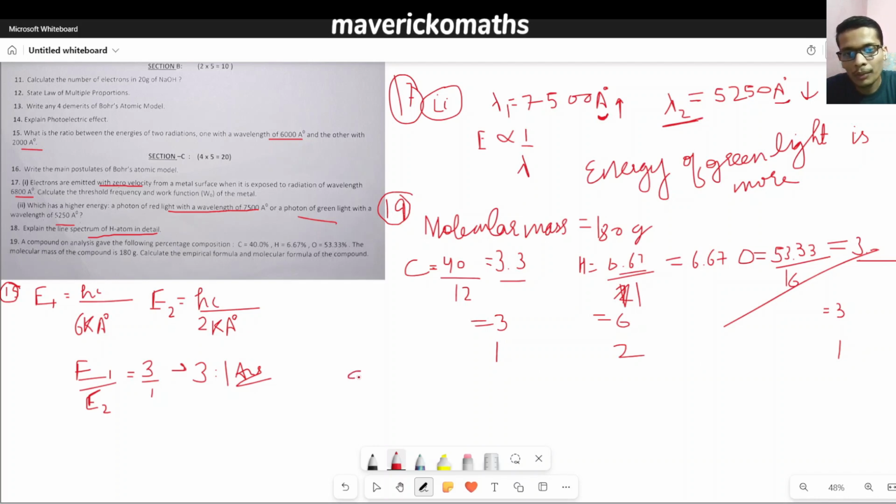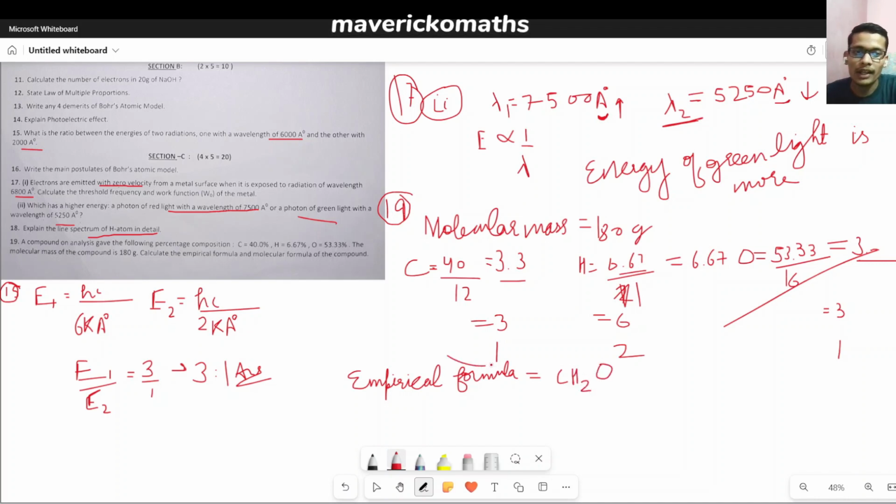Now I can write the empirical formula. Empirical formula will be CH2O.